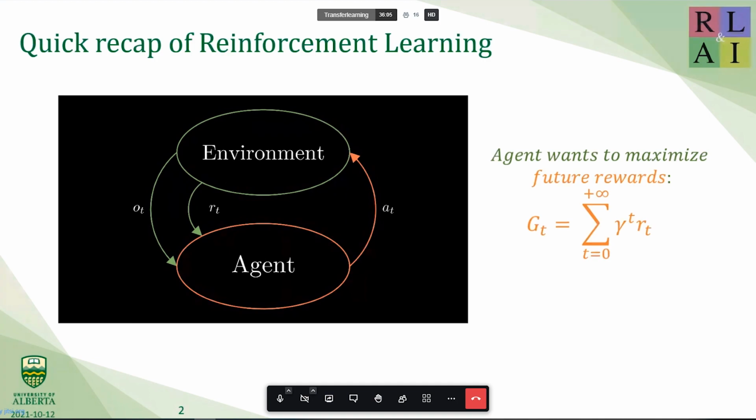For example, if you play a game of chess, you do not want to only play an action that is very good at the time state t. You do want an action that will make you win afterwards. So long-term consequences. The agent's objective in reinforcement learning is to maximize the gain, the return, which is the sum of the future rewards.